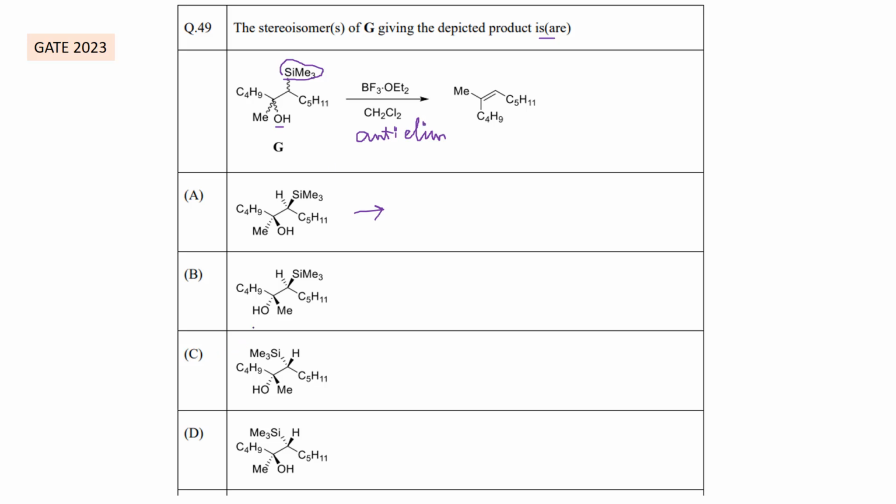So let's start here. Both the OH and silicon are in the same plane, so it will not go through an anti-elimination. So this is cut. Here the OH and silicon are in the opposite plane, so it will go through an anti-elimination. So what will be the product?